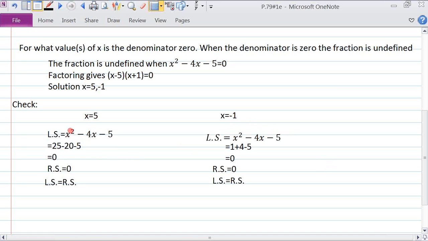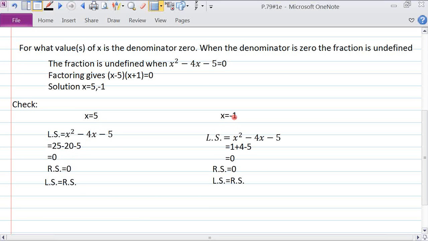Check the left side of the fraction. x squared minus 4x minus 5. x squared here will be 25. 5 squared is 25. Minus 4x is -4 times 5 is -20, and this -5 is that here. So here we have 25 minus 20, which gives us 5. 5 minus 5 is 0. The right side is 0. So that's a valid value.